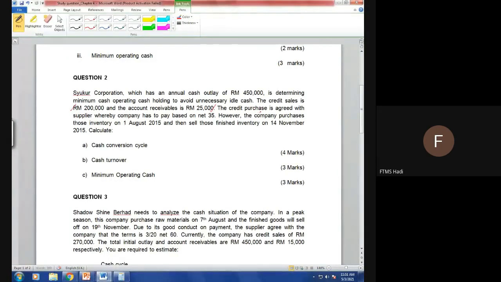The credit purchase is agreed with the supplier whereby the company has to pay based on net 35. They just give net 35, no discount. Even if you pay early, you need to pay the same amount. However, the company purchases the inventory on 1st August 2015 and sells the inventory on 14 November 2015. So this is the question.